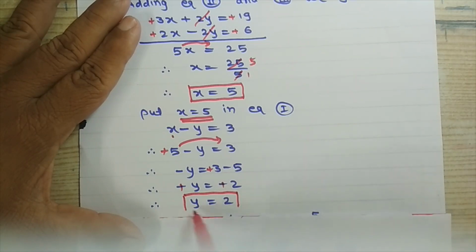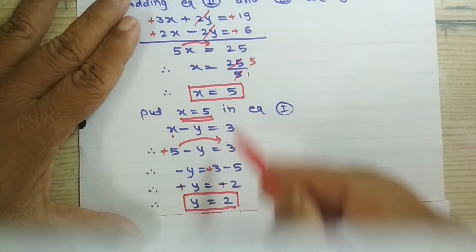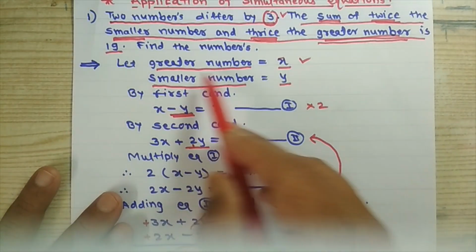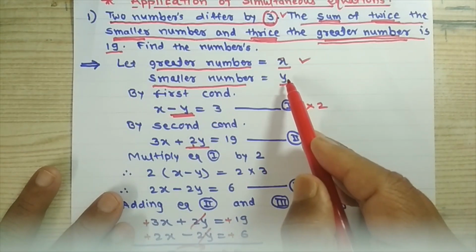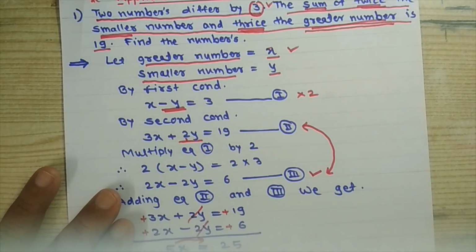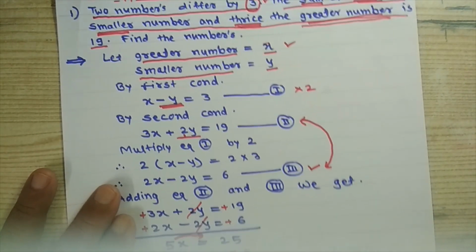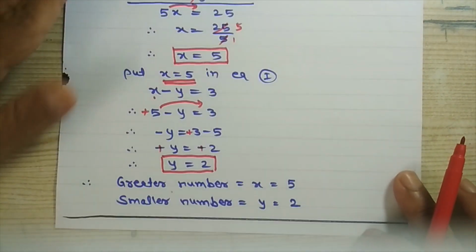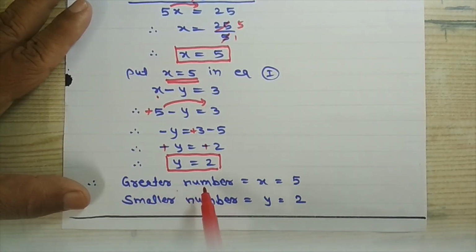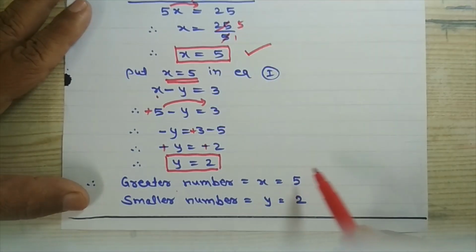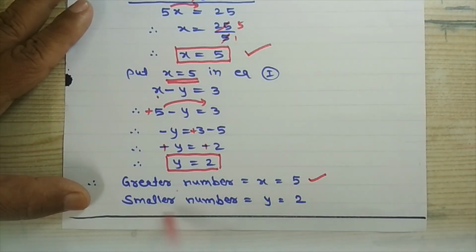We got two values, x and y. x is the greater number, and y is the smaller number. Finally, we have to write the greater number and smaller number. Greater number is equal to x is equal to 5, and smaller number is equal to y is equal to 2.